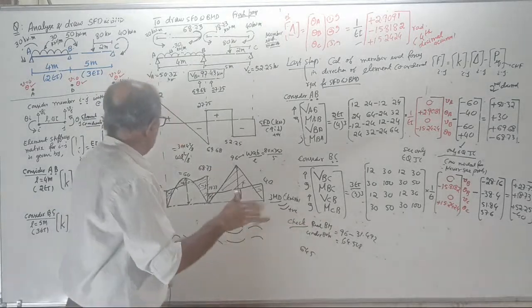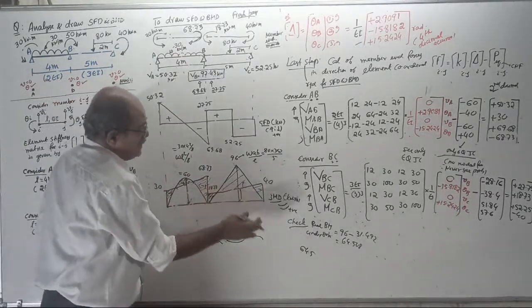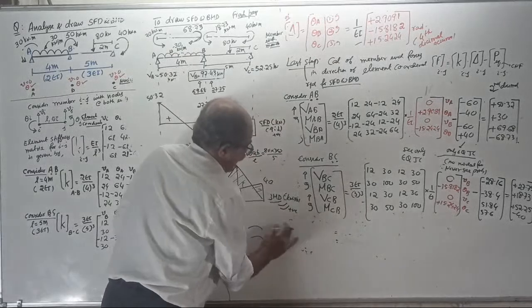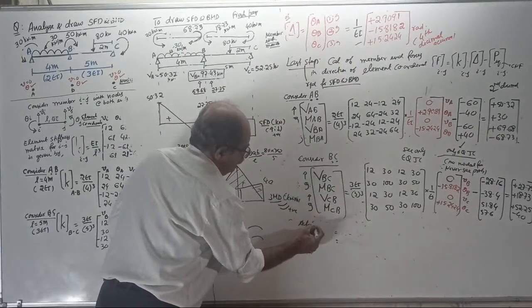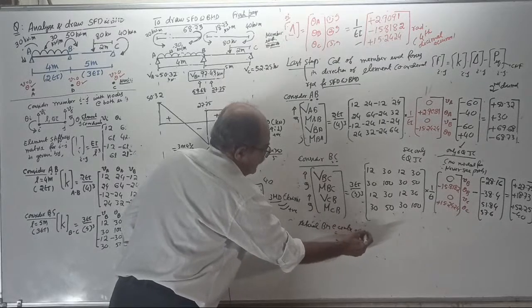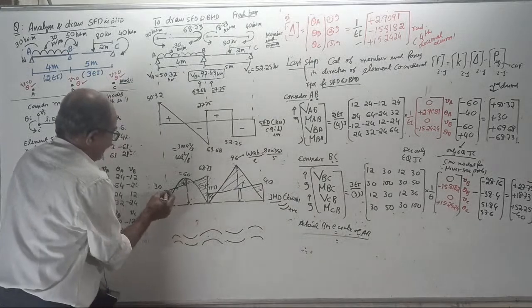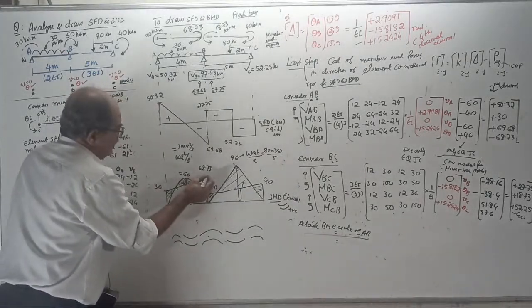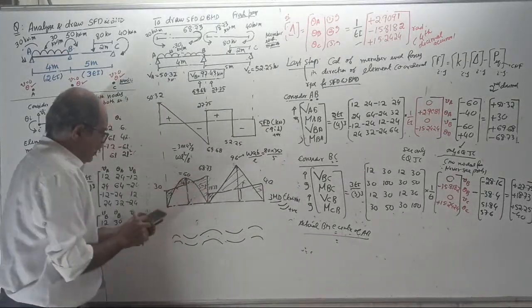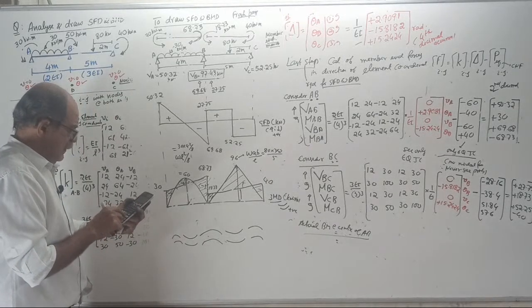And if you want to check the real BM at the center, one more check: the actual BM at the center of AB. If you want to calculate, this is 30, this is 68.73. Central value is 30 plus 68.73 divided by 2.